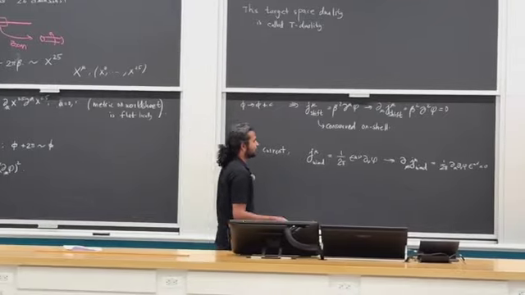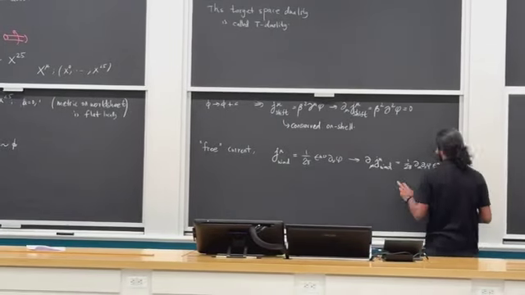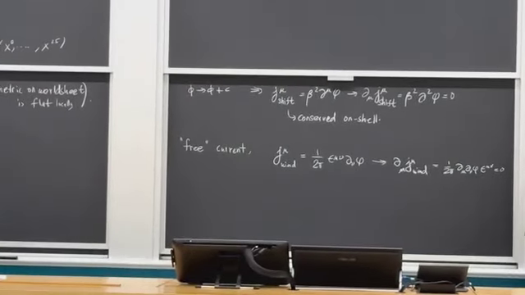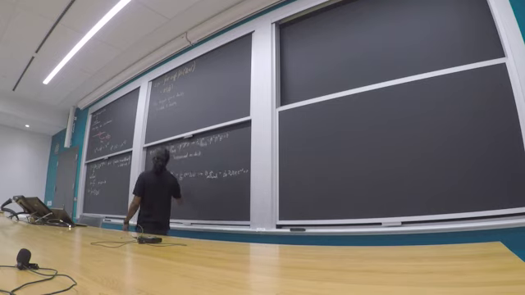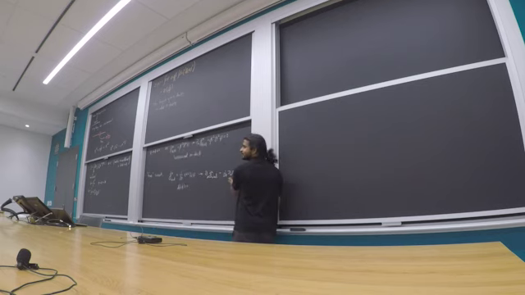If you want a slightly more geometric understanding, this is d squared equal to 0, a tautology, and that's exactly what this is.